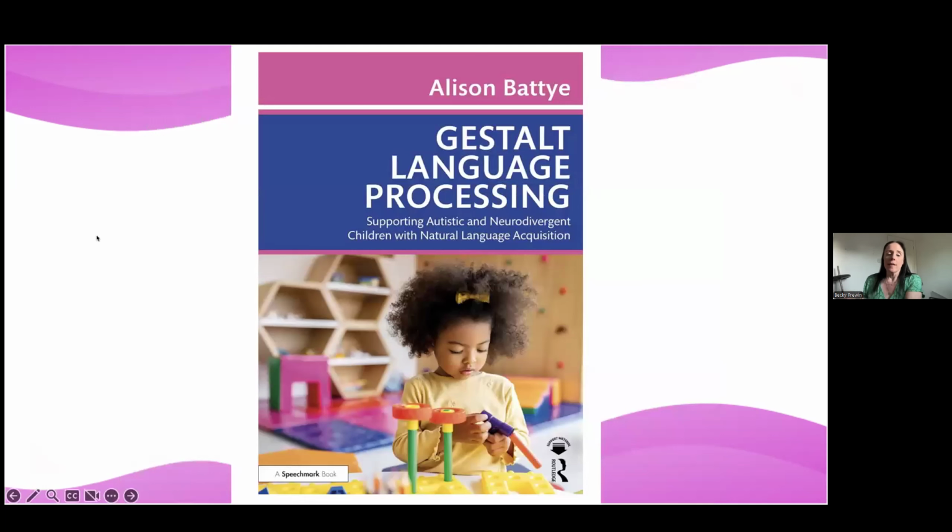A lot of the things that I've done tonight are taken from this book, Gestalt Language Processing by Alison Batty, who's a speech and language therapist in the UK. This book, it's big, but it's not awfully hard to read. If you can see, there's lots of pages that are tables. And if you're anything like me, you prefer a page that's like a table than a big, huge chunk of text.